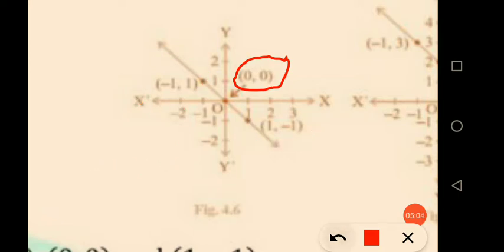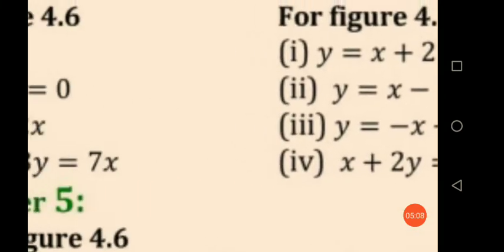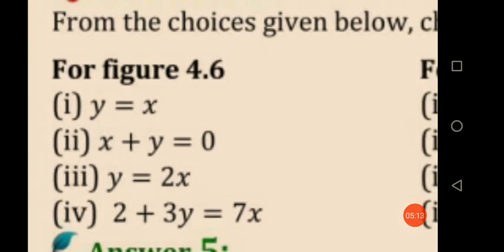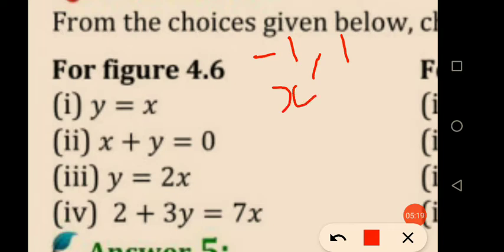Let us remember one point, minus 1, 1. We will put this point minus 1, 1 in this equation. For the first equation, we know minus 1, 1, which means x is equal to minus 1, y is equal to 1.